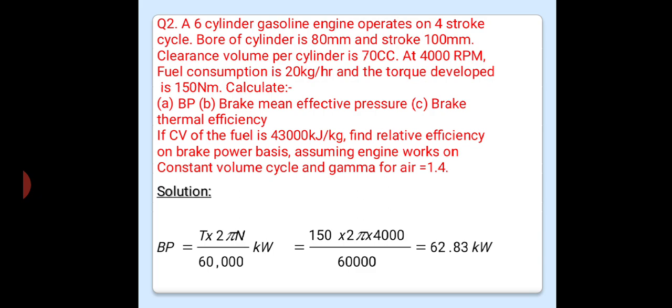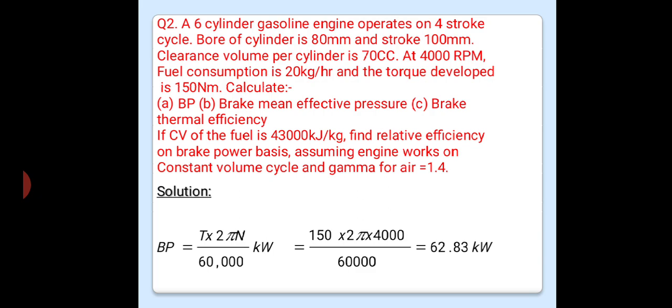A six-cylinder gasoline engine operates on a four-stroke cycle. Bore of cylinder is 80 mm, stroke 100 mm. Clearance volume per cylinder is 70 cc at 4000 rpm.